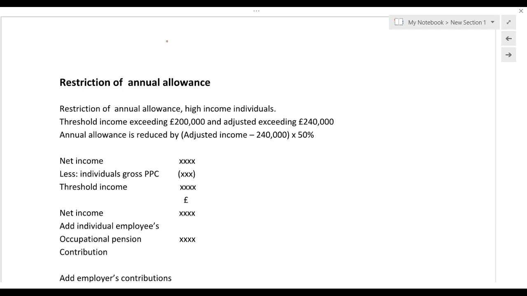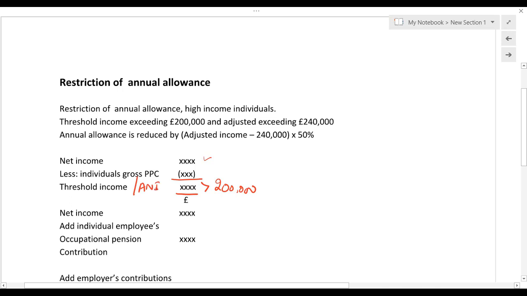Condition number one is threshold income must be more than 200,000. How do we calculate threshold income? Net income less individual gross PPC. From the net income, we just deduct individual gross PPC. In fact, you can say this threshold income is actually adjusted net income, ANI.